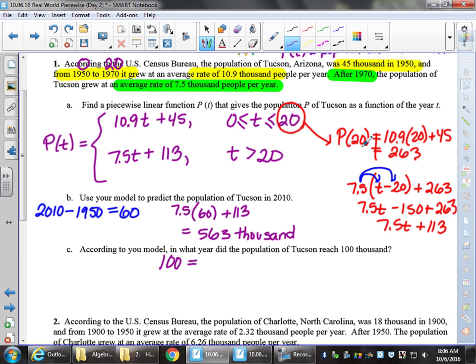So again, way bigger, right? So that means that 100,000 happened somewhere in this first piece. Whichever thinking worked for you, either of those ideas is right. So we're going to say 100 equals 10.9t plus 45. Let's find the year.